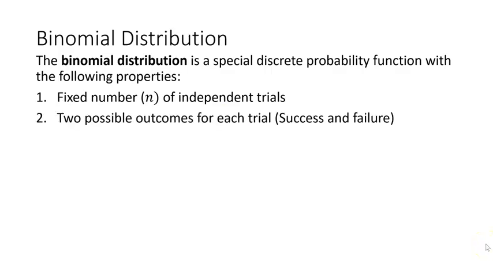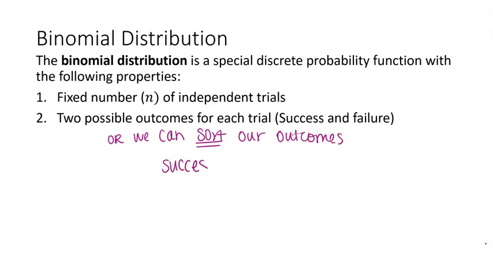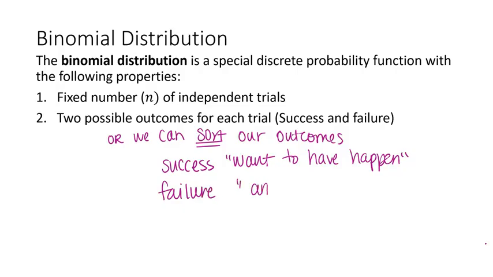There are only two possible outcomes, or we can sort our outcomes into only two possible situations. Success is what we want to have happen, versus failure, which is anything else.